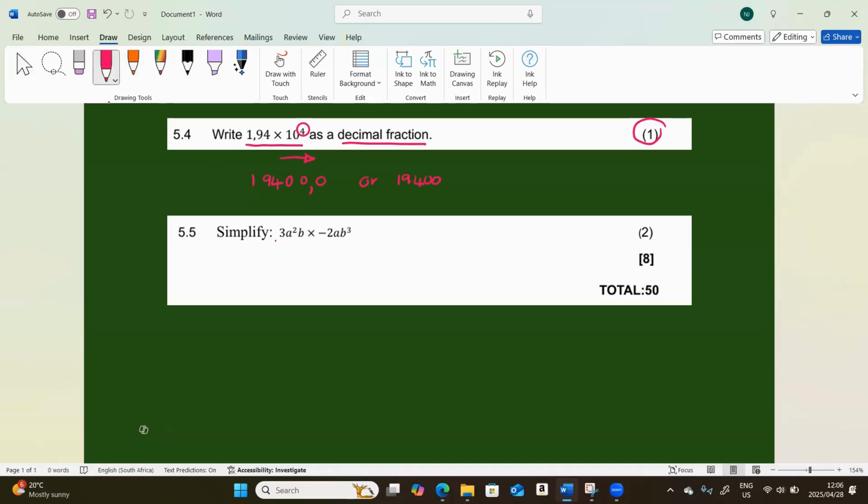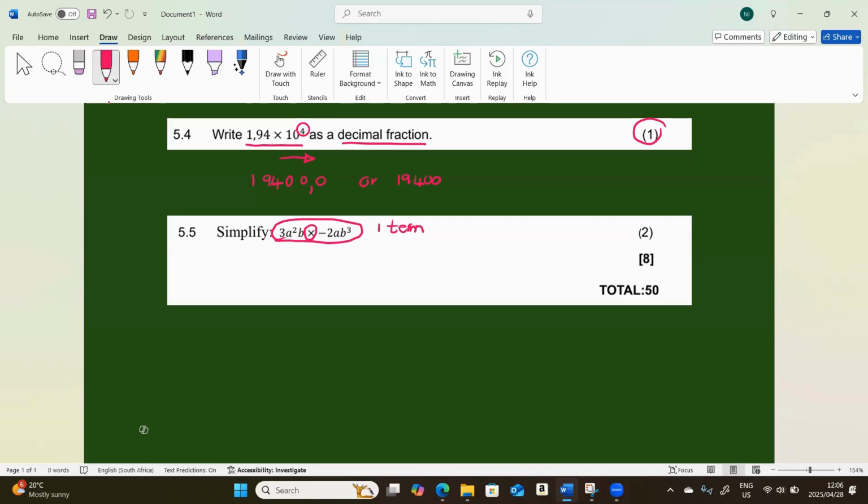Why is this whole thing over here one term? Because can you see we are multiplying two expressions with one another? One is a positive expression and the other one is a negative expression.